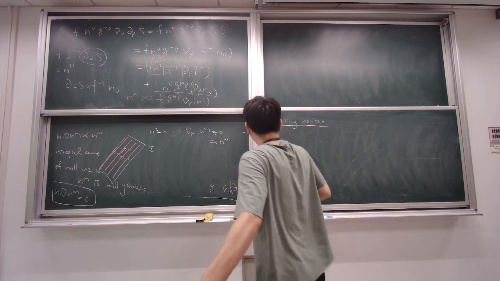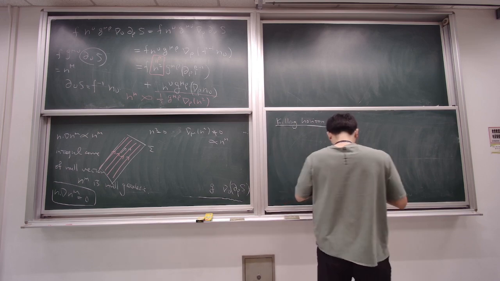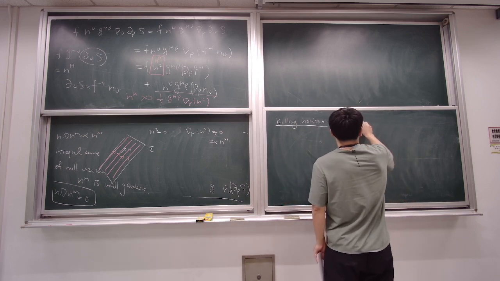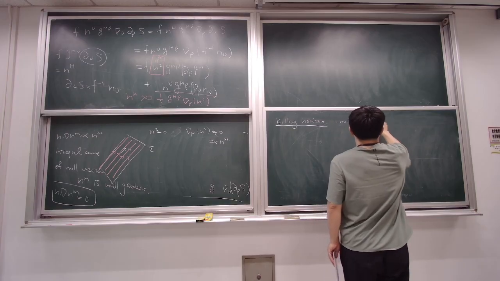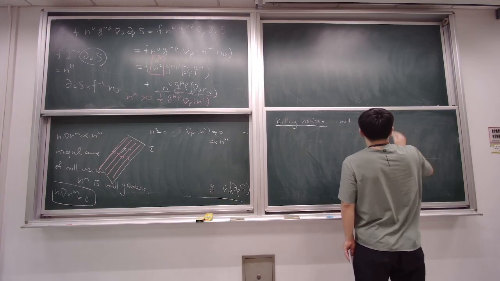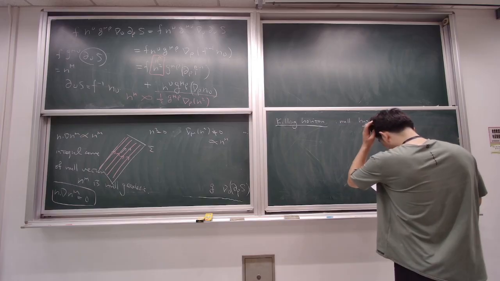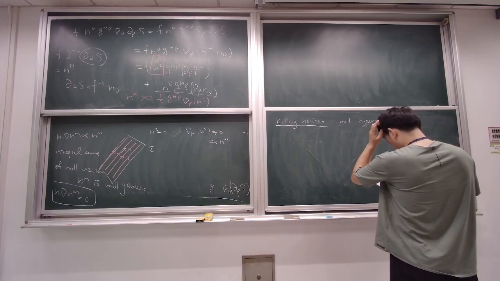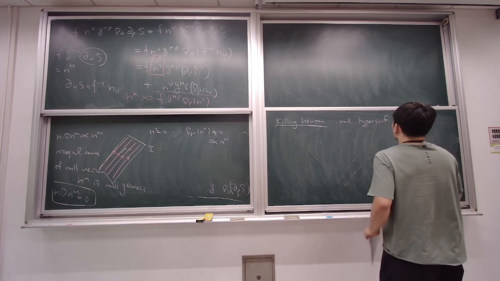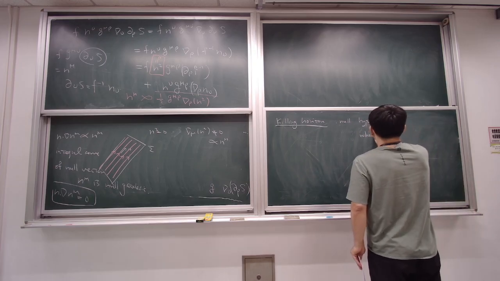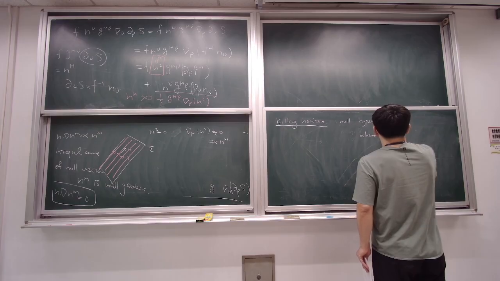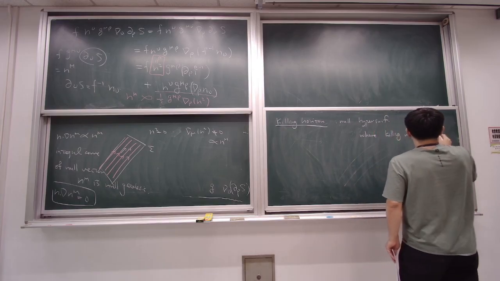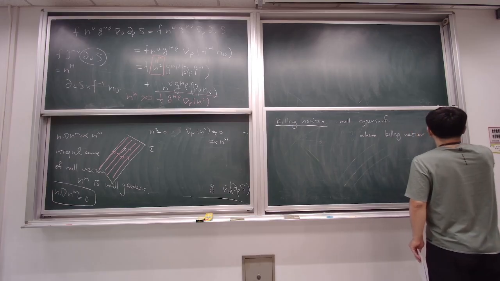A Killing horizon is, first of all, a null hypersurface where the Killing vector is normal to it.